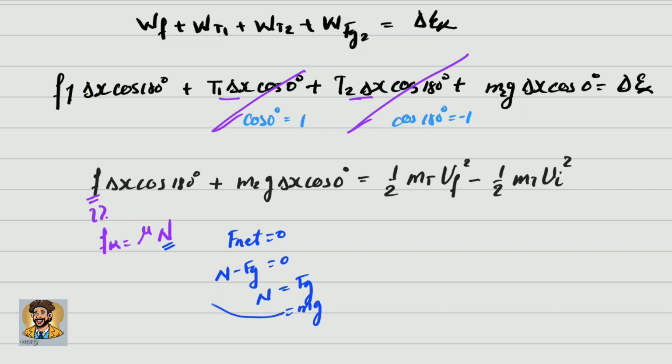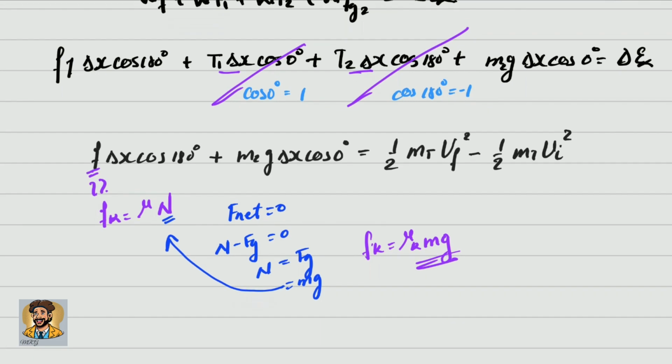We substitute this normal into the equation. So the kinetic frictional force is the kinetic coefficient of friction multiplied by m1 g, and this goes into the formula of frictional force.